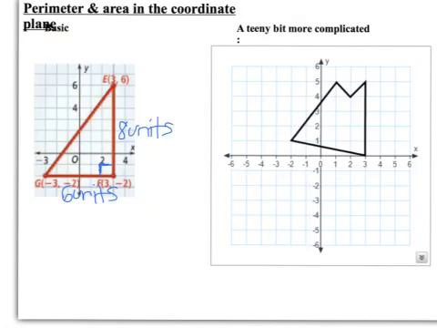So we can either use the Pythagorean theorem to find the measure of the hypotenuse, or we can use the distance formula. Let's try to get in the habit of using the distance formula for when we start proofs. So we're going to do the difference of the x-coordinates.